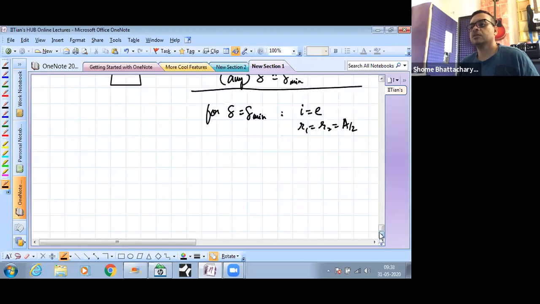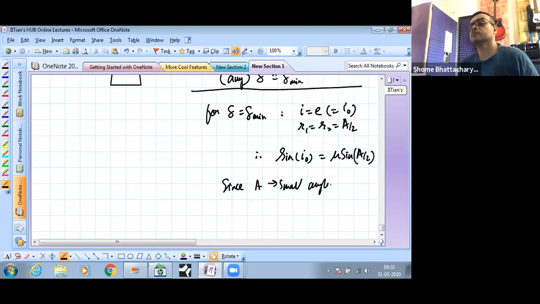Okay. So here sine I naught is equal to mu sine A by 2. Okay. Now in this figure, since A is a small angle, therefore sine A by 2 will be approximately equal to A by 2.